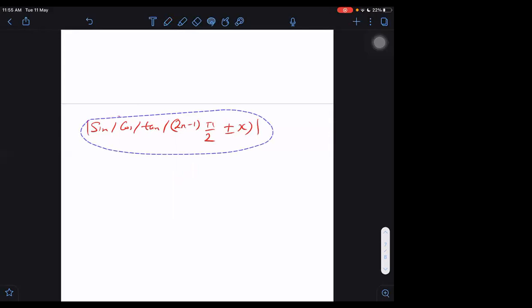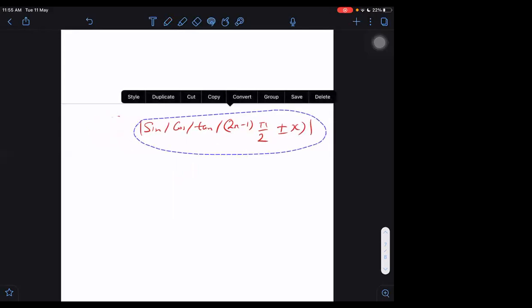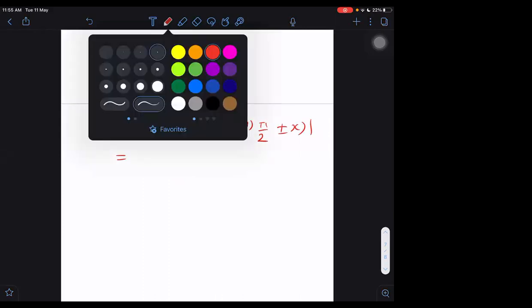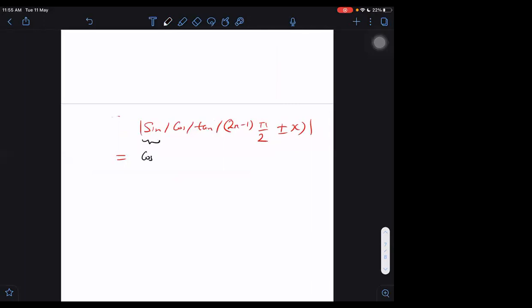Sine will change to cos. Cos will change to sine. And tan will change to cot. And magnitude wise, these will all remain equal to that only.